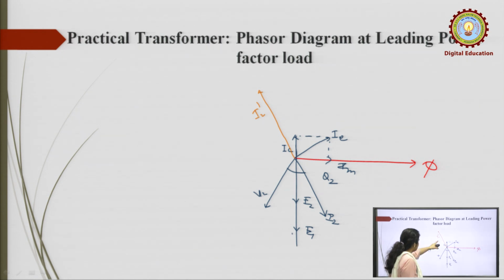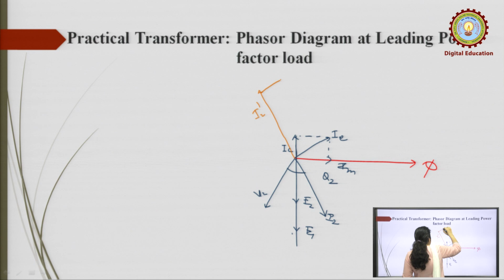The phasor sum of this I2 dash and IE will give you I1.